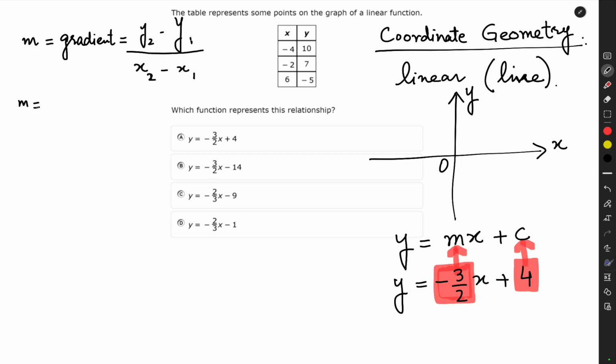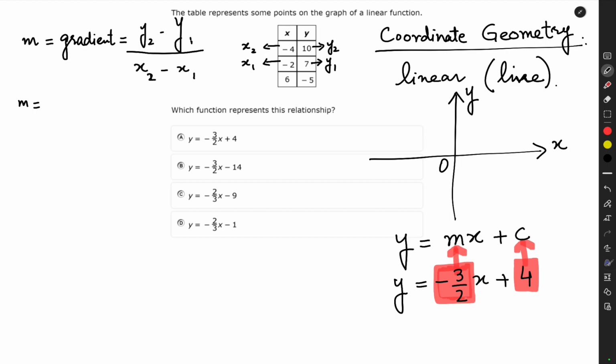When I say y2 minus y1, I am referring to the values of y. Let's say this is my y2 and this is my y1. If I'm taking that y2, I should take this as x2 and this value as x1.